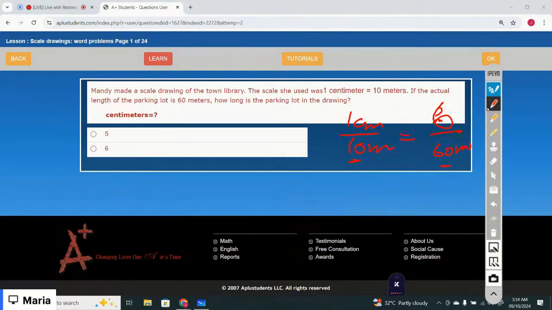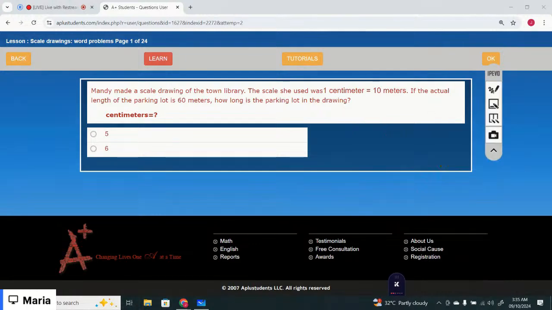The parking lot in the drawing is 6 centimeters. The correct option is 6. Option number 2 is the correct option.